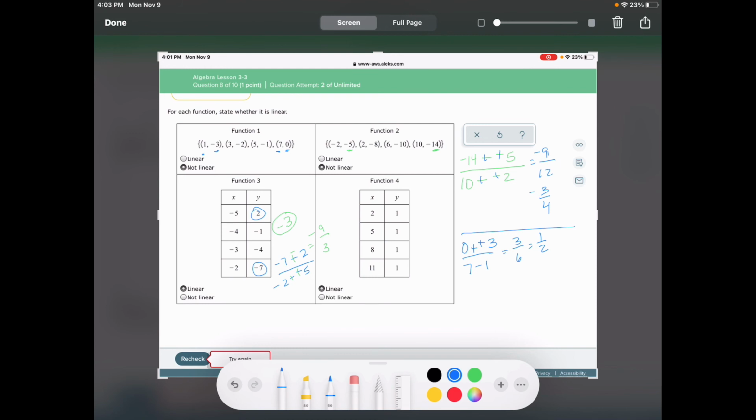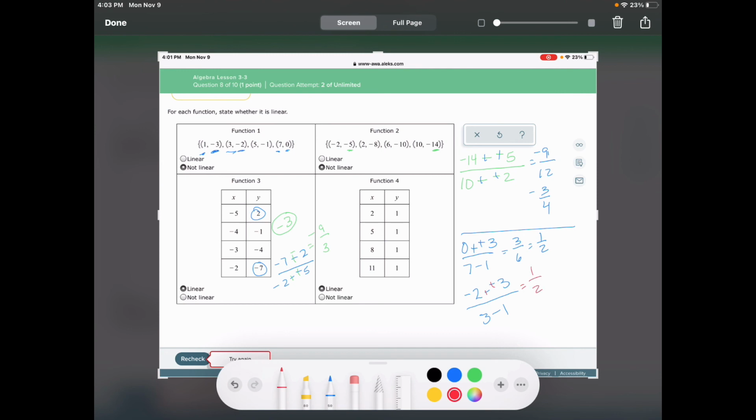It seems like we got like a negative 1/2. We're going to do this. Negative 2 minus negative 3 over 3 minus 1. And that would give us a positive 1 over 2.